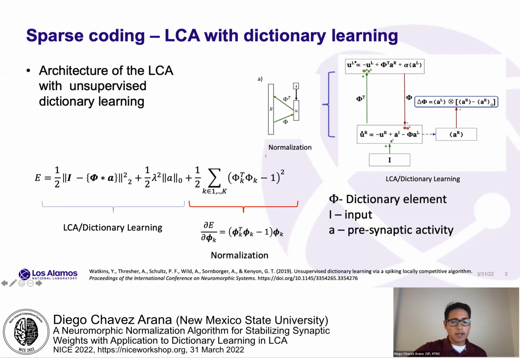On the left, we have the normalization figure, and we see how our normalization network can be implemented as a component of LCA. We know that LCA works by reducing a cost function, and our normalization algorithm works as an add-in component to LCA, denoted here in red.